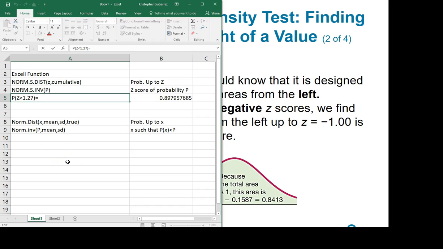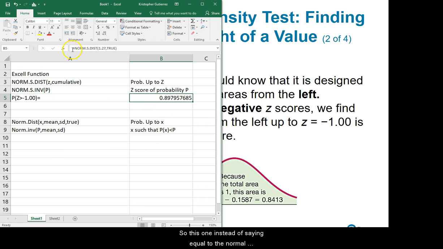So let's go back here. We want this to be -1. We're going to do 1.00. Actually, we're not looking for less than, we're looking for greater than, because we want it to the right. So this one, instead of saying equal to the norm of the distribution, I'll say 1 minus the normal distribution of -1.